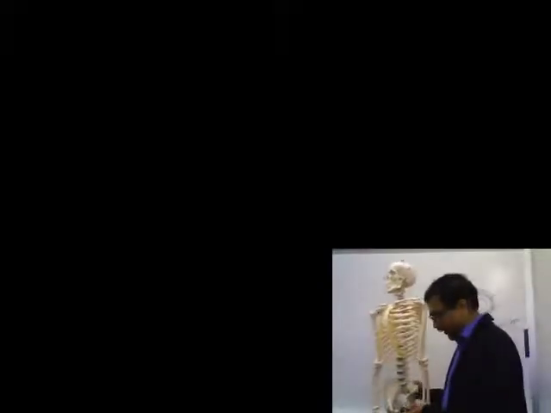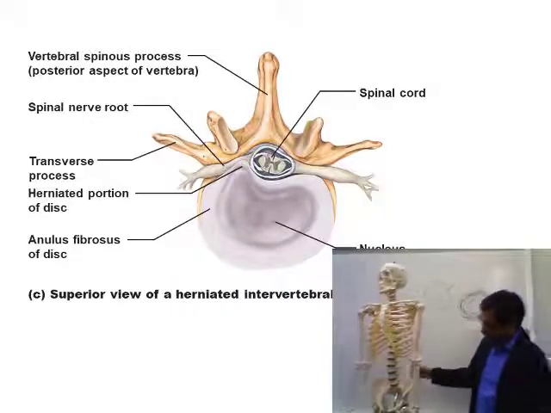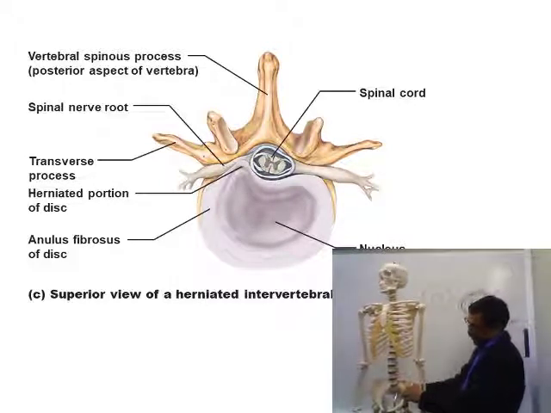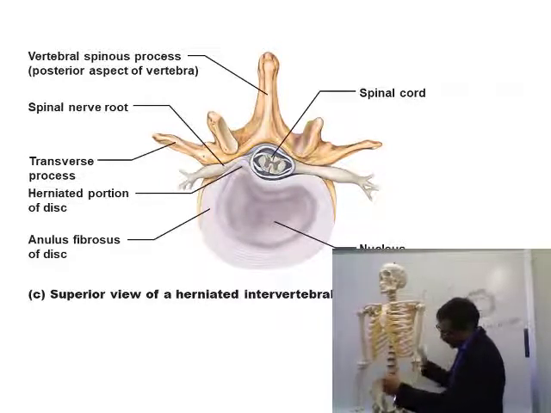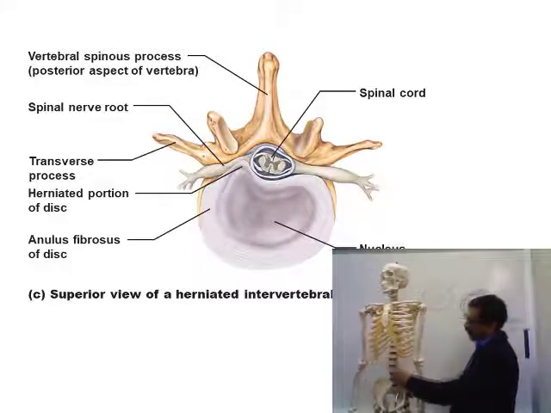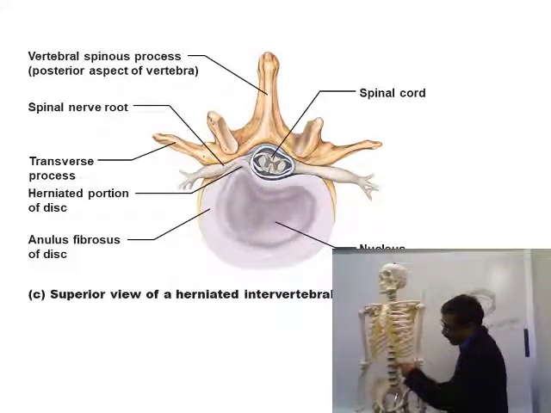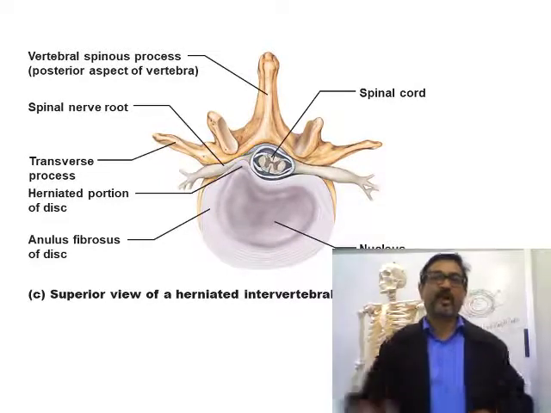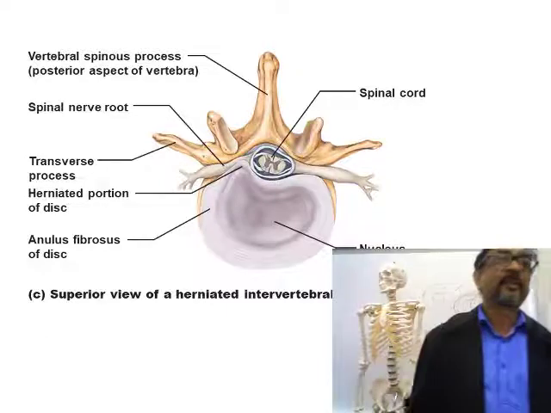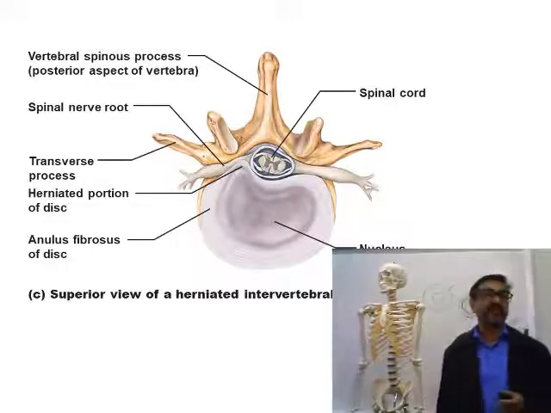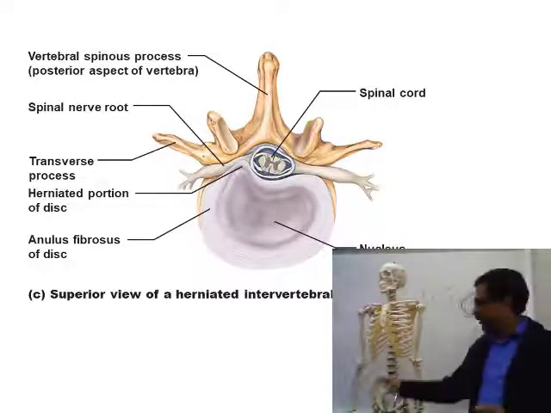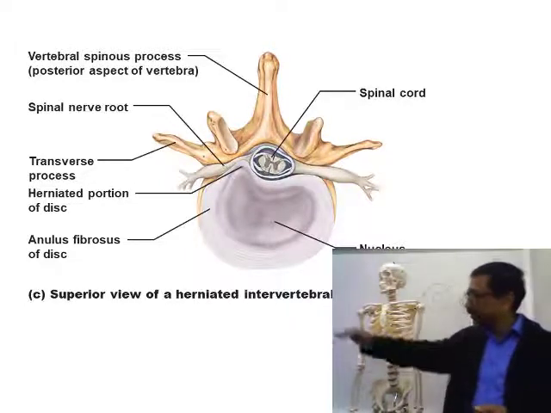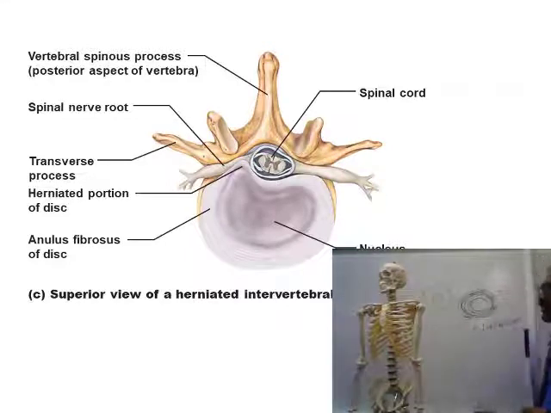Sometimes what can happen, you see, if any pressure from wrong direction hits the vertebral column, what can happen? The intervertebral disc can slip out, and that is called herniated disc or slipped disc. So dislocation of intervertebral disc, part of it may pop out or come out.